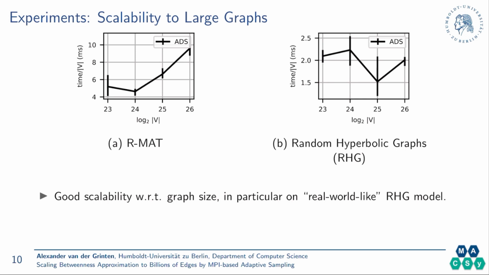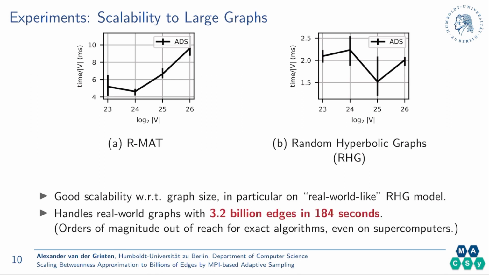It can be argued that random hyperbolic graphs are close to real-world graphs, and indeed on a real-world graph with 3.2 billion edges, our algorithm only needs 148 seconds, while computing betweenness for graphs of this size was not feasible using previous algorithms. In particular, for exact algorithms, it was not feasible even when supercomputers were used.